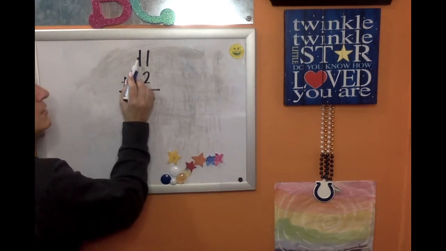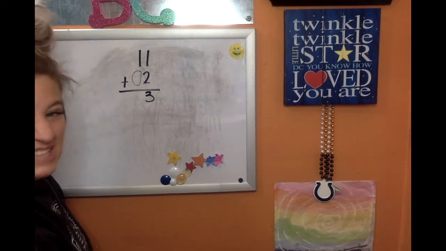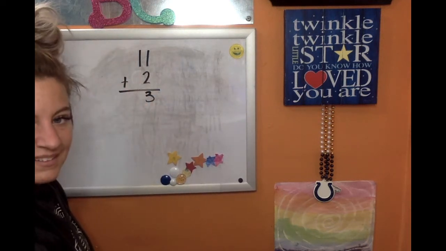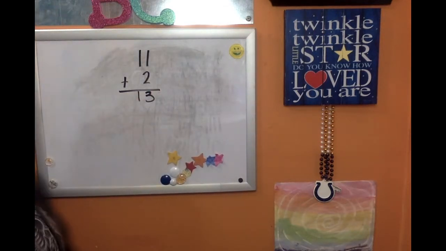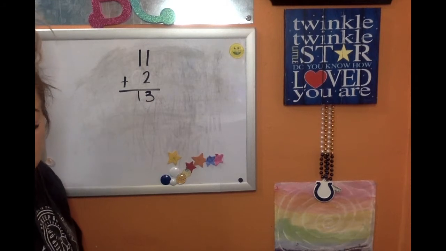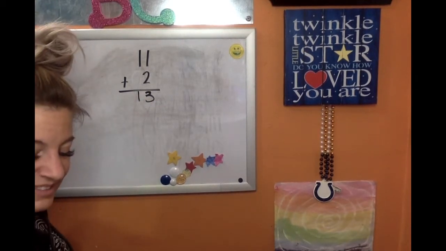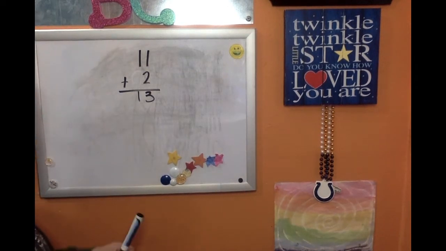Okay, what is this? 1 plus, wait a second, there's nothing there. So 1 plus nothing. 1. What's our answer? 11 plus 2 equals 13. Awesome. You guys are so good at this.